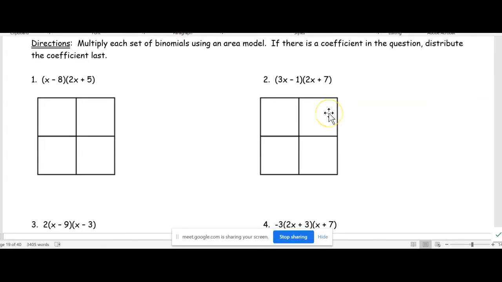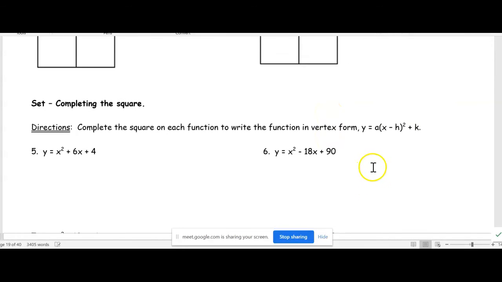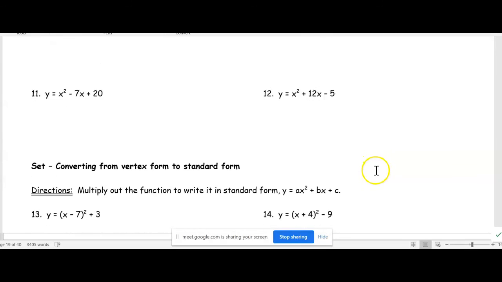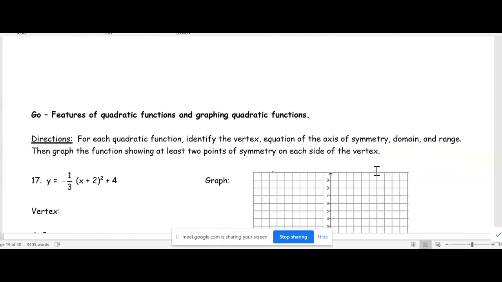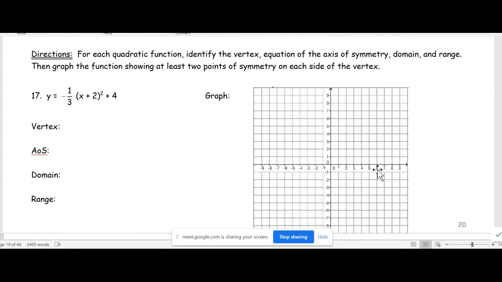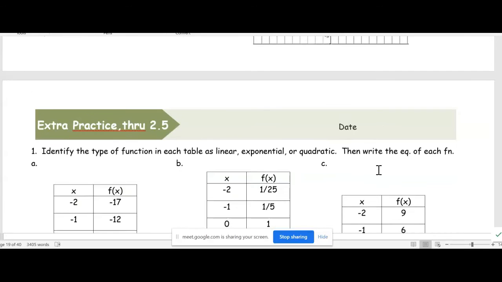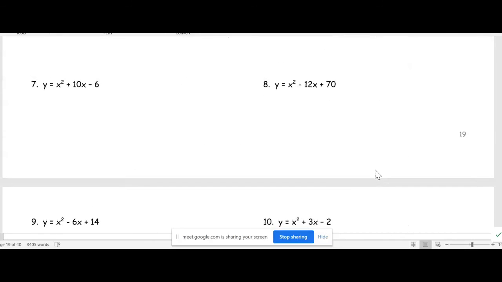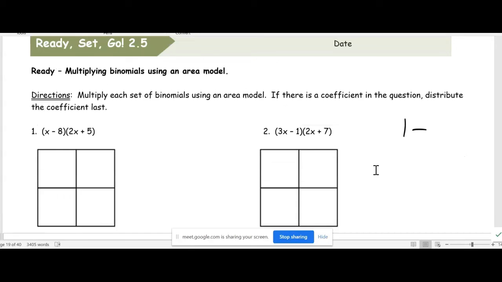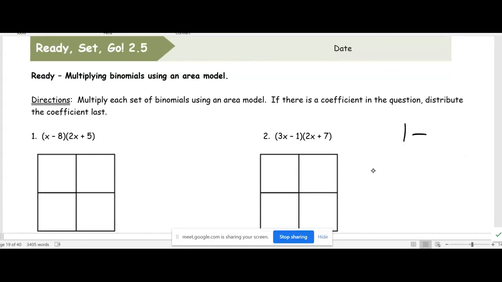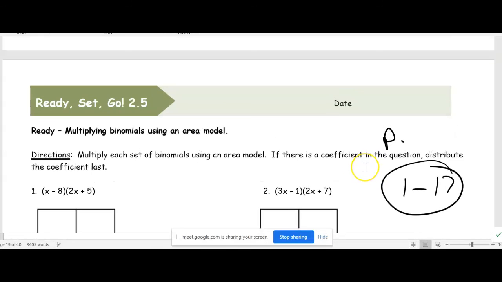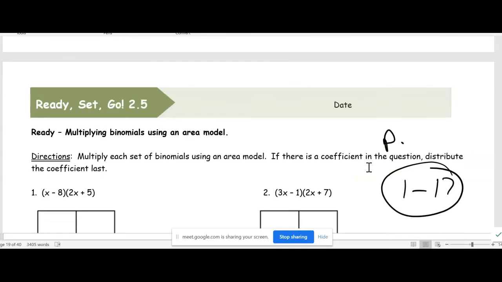You're going to do 1 through 17 on this page. So it's really these 2 pages. What pages are these in your packet? 19 and 20.